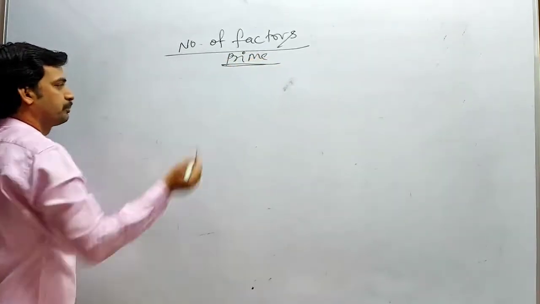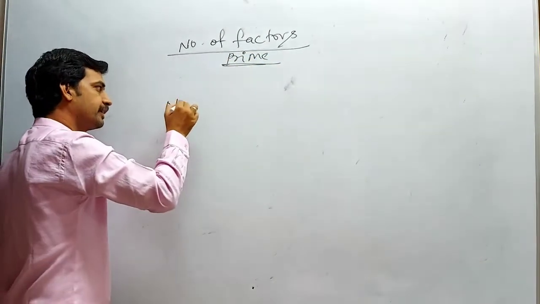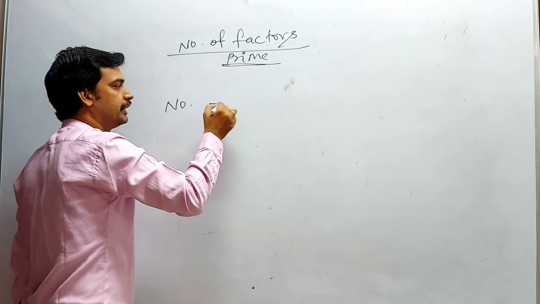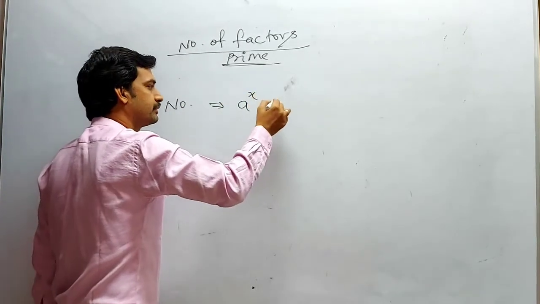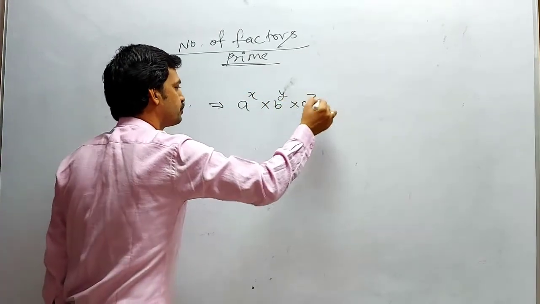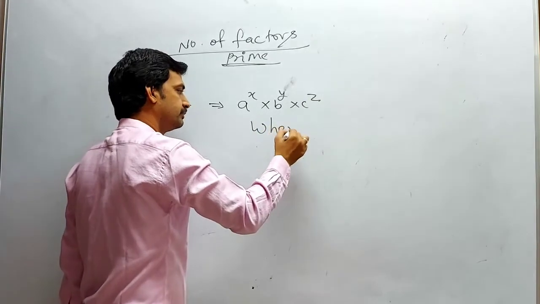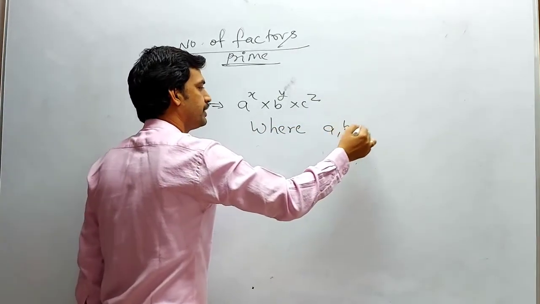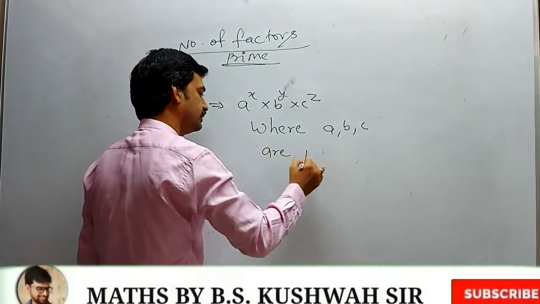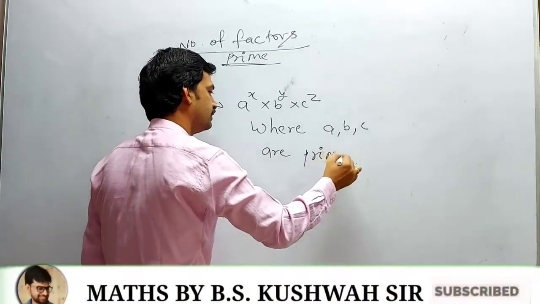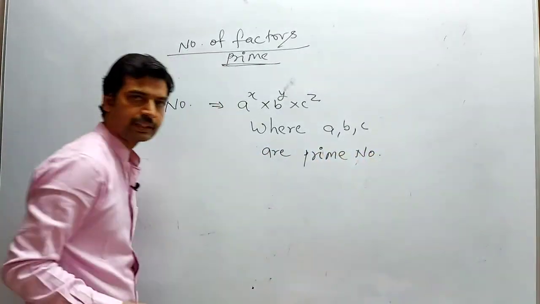For prime factors, we need to factorize the number in terms of a raised to x, b raised to y and c raised to z, where a, b and c are prime numbers, right?